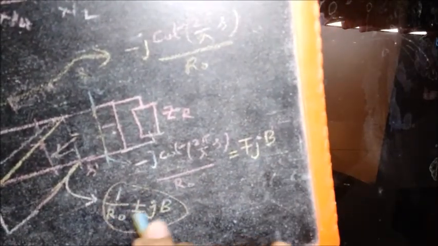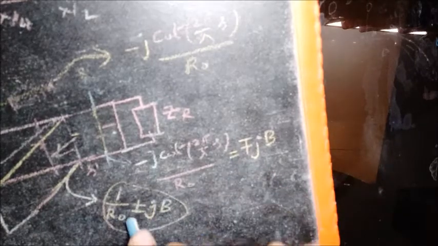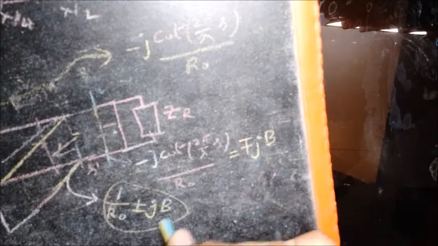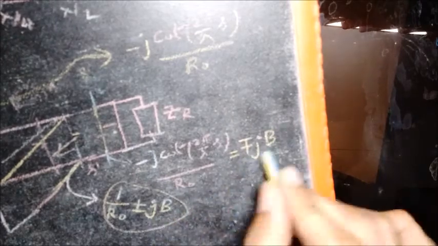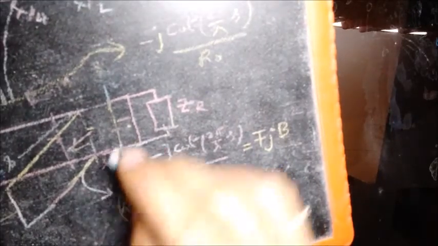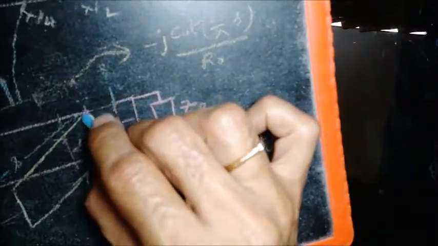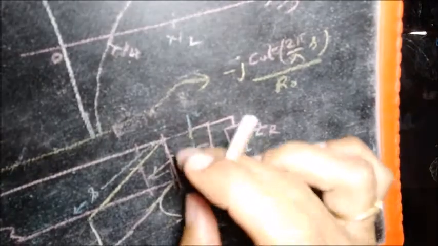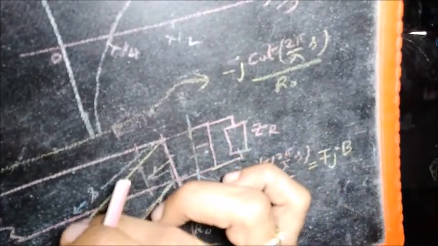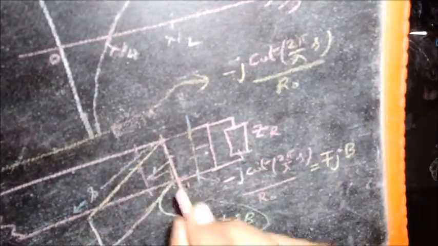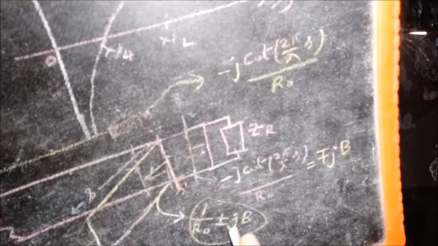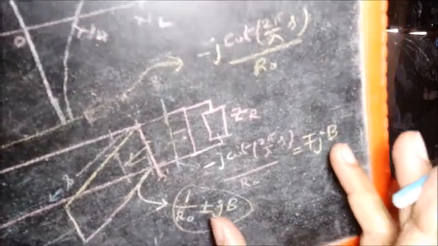and this is having 1 by R naught plus or minus JB, when the two add up, the JB result, that is the imaginary part, will cancel off. So at this point, due to the presence of this short-circuited line, the admittance becomes 1 by R naught, because this and this will cancel, they are appearing in parallel.